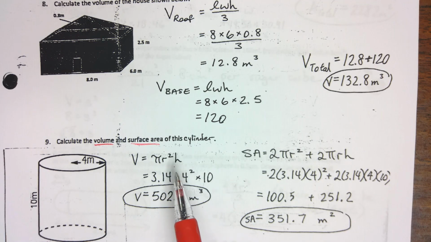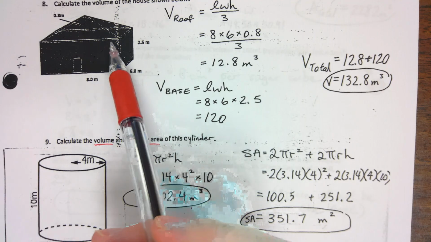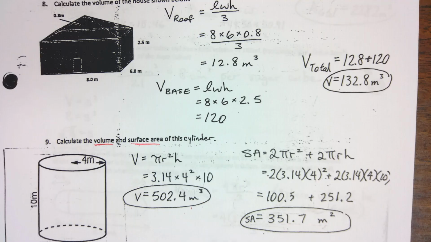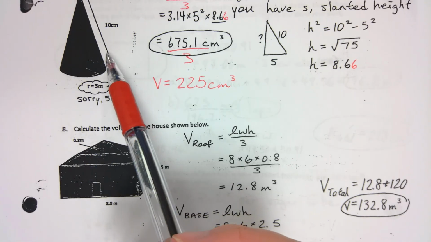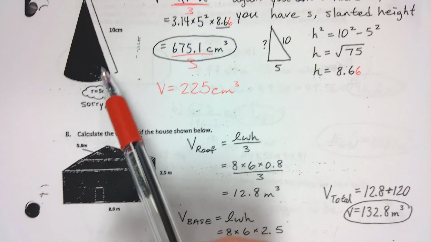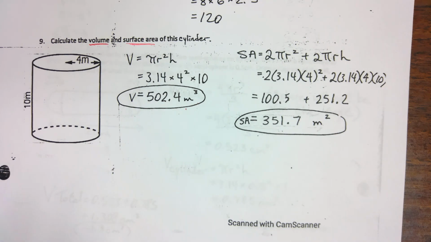In grade 9, it's going to be, for example, a composite figure, putting it together, or like this one where you're given a slanted side and you have to find the height. So the little bit added on. Just give a second for you to copy.